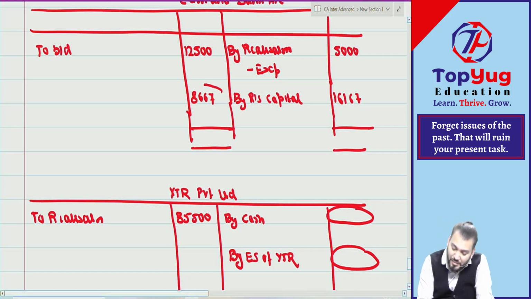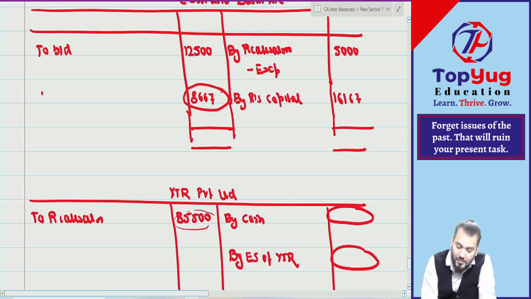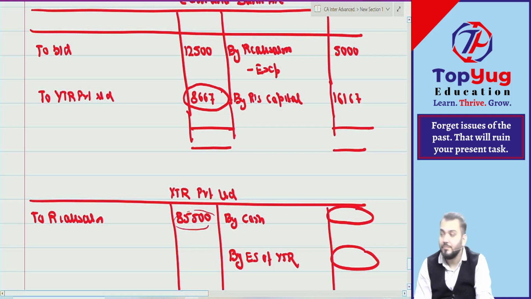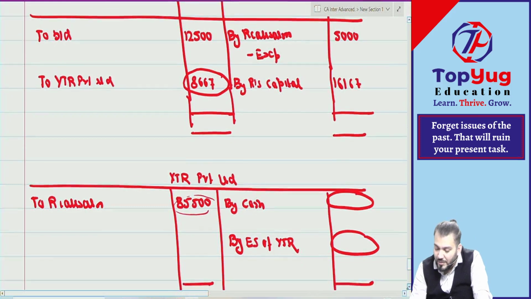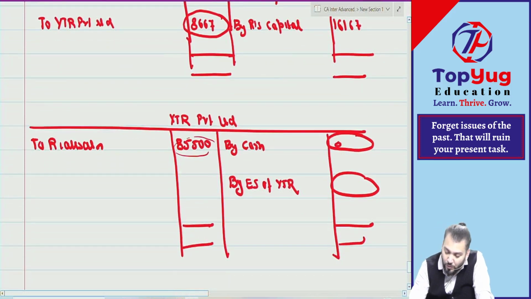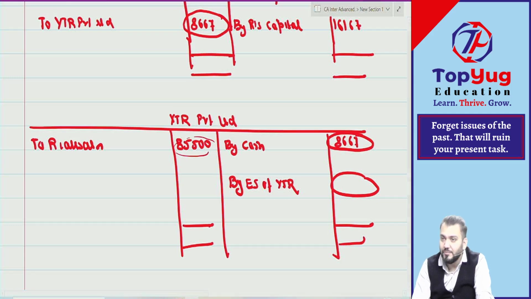This much cash will be given by whom? Out of total PC, this much will be discharged in the form of cash. This is YTR Private Limited. Understood this point? Correct. So this becomes 8667. So this will be the balancing figure.